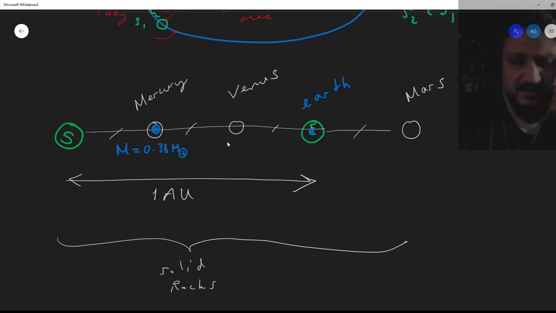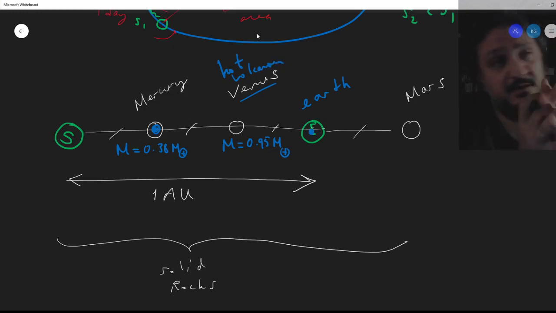Venus, on the other hand, is comparable in size. This is 0.95 times Earth's mass. But similarly, Venus does not have a breathable atmosphere. Actually, it's very hot. It's full of volcanoes and the dense atmosphere is very heavy.